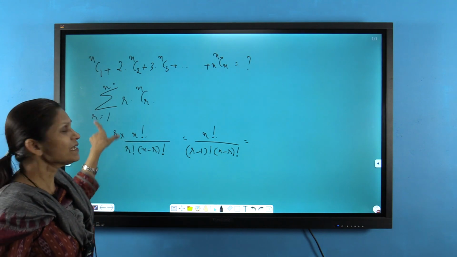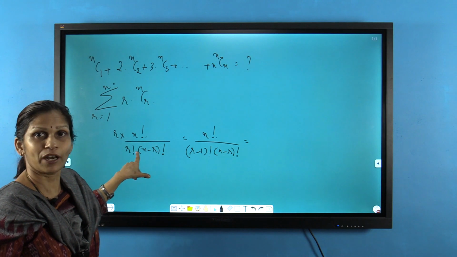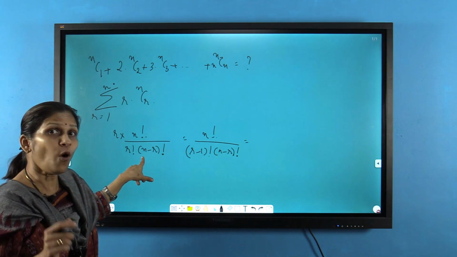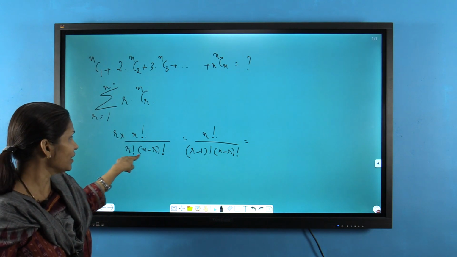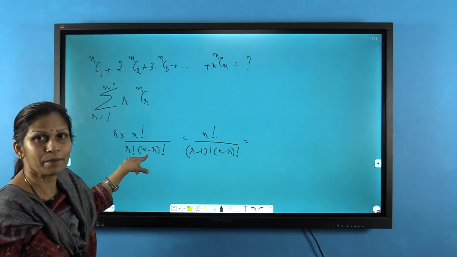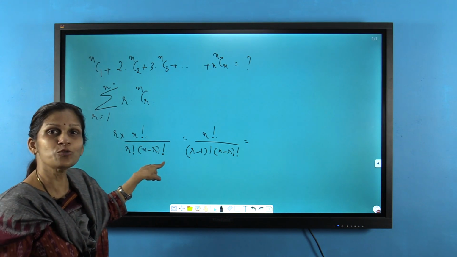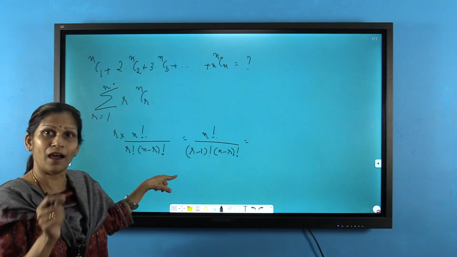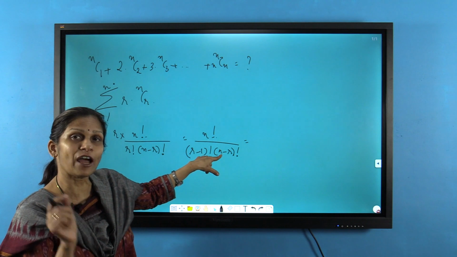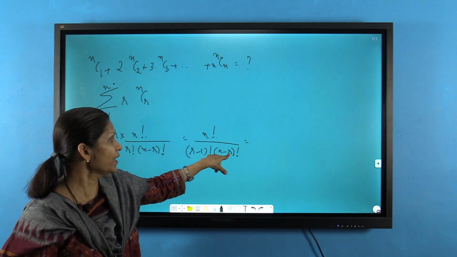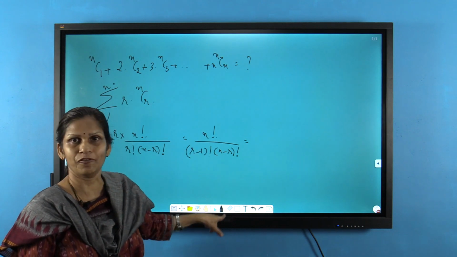Now, to write it in the form nCr, what should strike you is that the n is the sum of these two, isn't it r plus n minus r? Here, the sum of the two terms before the factorials in the denominator is n minus r plus r minus 1, that is n minus 1, not n.